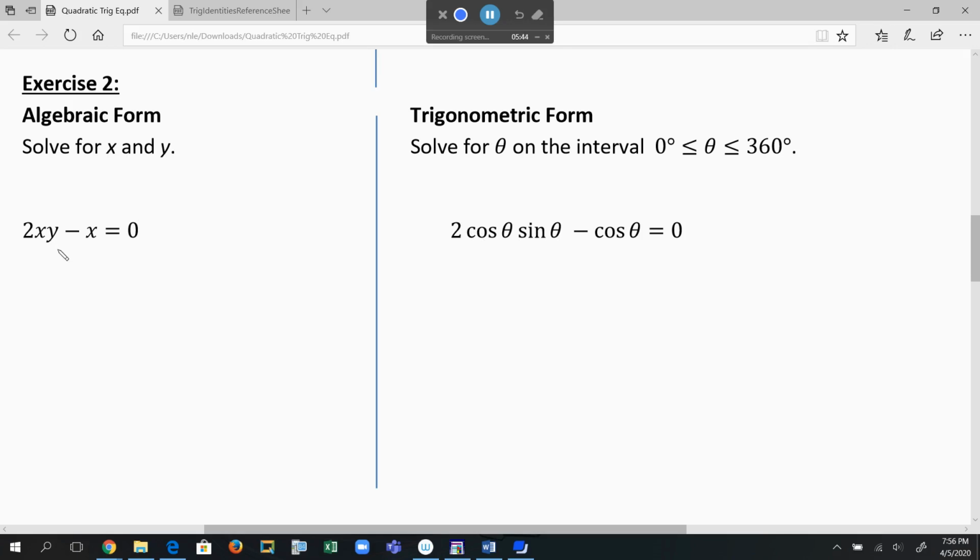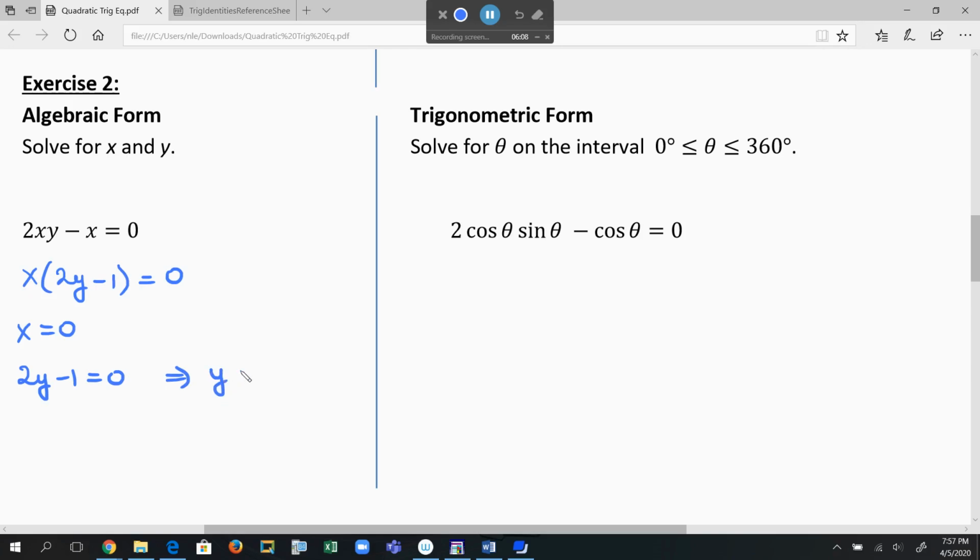The first step is to factor. Our common factor will be x, which gives us x times 2y minus 1 equals 0. Then we set each factor equal to 0. So we have x equals 0, and 2y minus 1 equals 0.